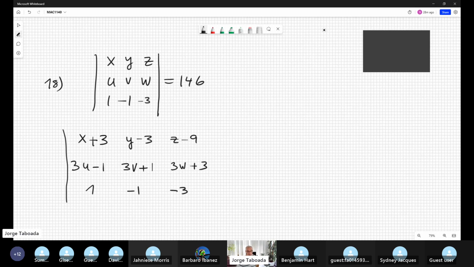At least the last row is the same. So basically, the thing I suppose I should do is manipulate the first and the second. I don't know exactly what is the best way to organize this. Let me try to use my imagination.